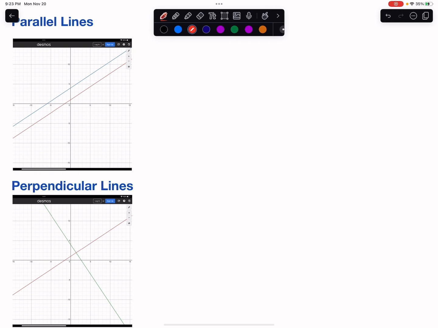So parallel lines have the same slope. And parallel lines will never intersect.